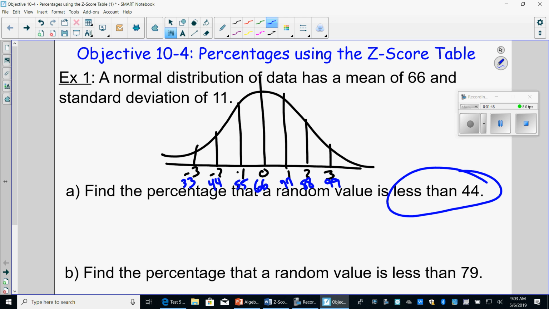So here's my question. Let's mark 44. Okay? Do we see 44? I'm going to mark it, and I'm going to shade what I want. I want less than. So I want all of this, and I want all of that. Can someone give me the percentage less than without doing anything? 2.45? How'd you do that so quickly?